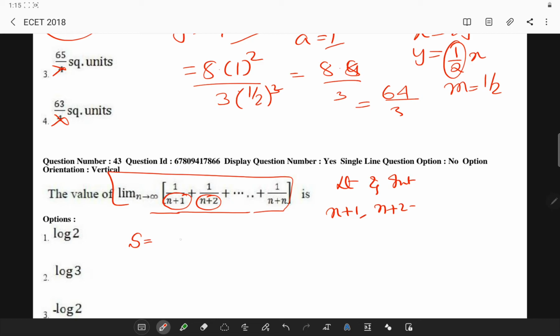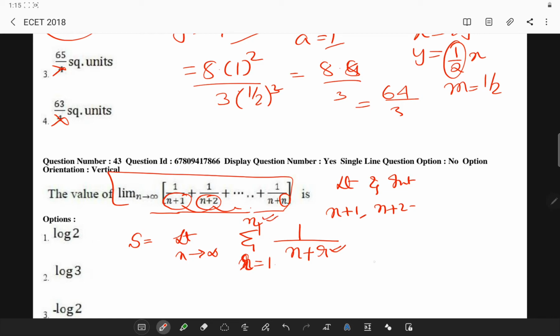So I have to write it in the form of summation, limit n tends to infinity, and I can start my r from 1, 2, 3 and so on till n, and I can write it in the form of 1 by n plus r, because the value of r is ranging from 1 and it is ending at n.